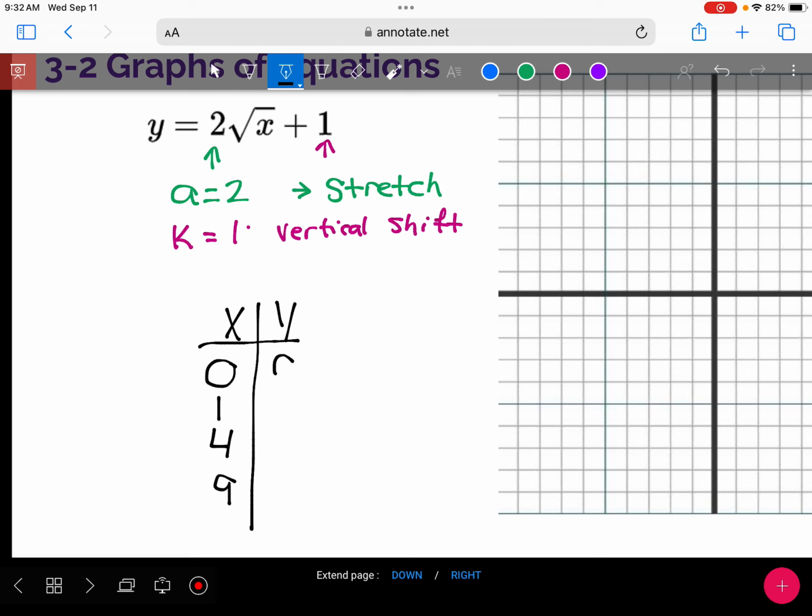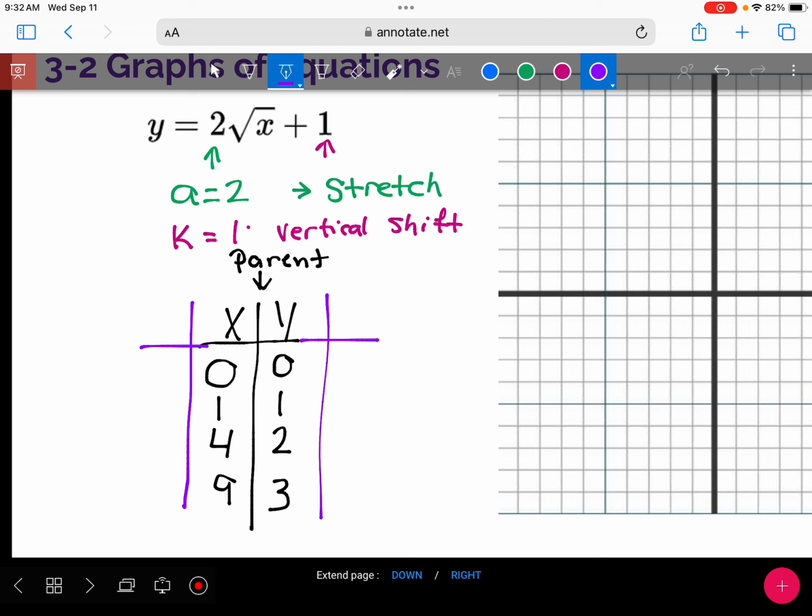Our square roots were our 0, 1, 2, and 3. That's our parent table. Then we're going to do our transformations to the outside. That's the way I do it. You don't have to. Again, you can do it in 2 separate tables, whatever you want to do. Graph the way your brain works.